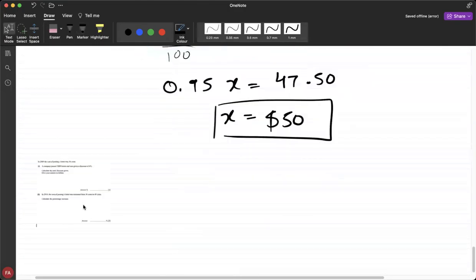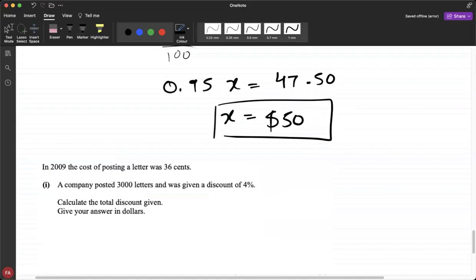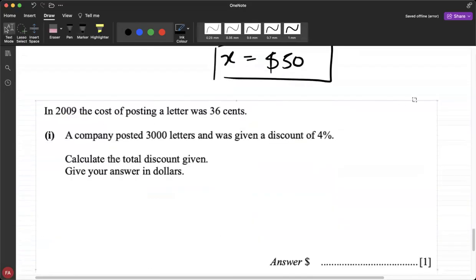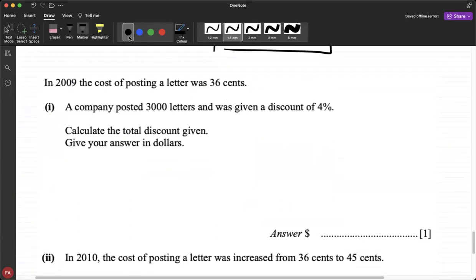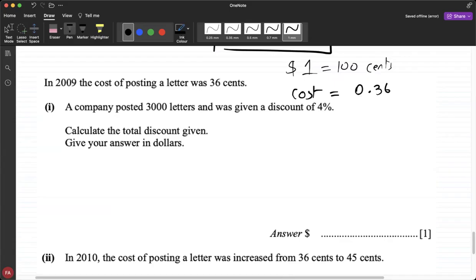In a similar way, let's try out another past paper question over here. So the question is, again, a little tricky. It says, in 2009, the cost of posting a letter was 36 cents. I expect everyone to be very well familiar that when I talk about $1, we have 100 cents in $1. So you should know this. So when I say the cost of posting a letter was 36 cents, that means cost is equal to $0.36.